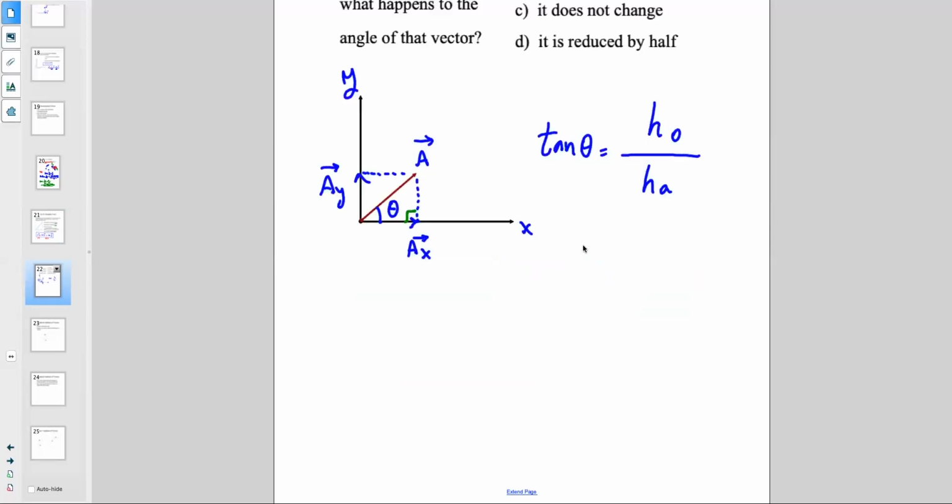So tan is the component along y direction over the component along x direction. Okay, so that's the tan of theta. If you divide the magnitude along y by along x direction, you will get the tan of theta, right? This is something that we have seen before.